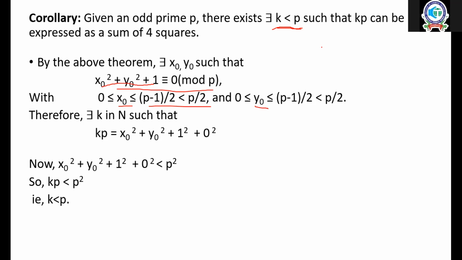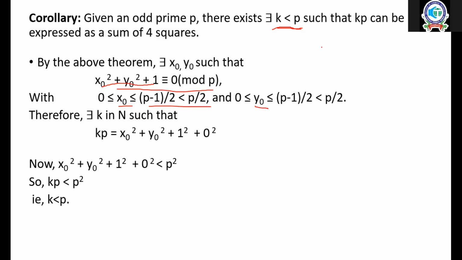Now we are saying that one of such k is 1 also. If you have done that, then you are showing that every odd prime is a sum of 4 squares. 2 is already written as a sum of 4 squares. Every prime is written as a sum of 4 squares. Then we are done. So this is the main crux and the main important point in Lagrange's theorem.